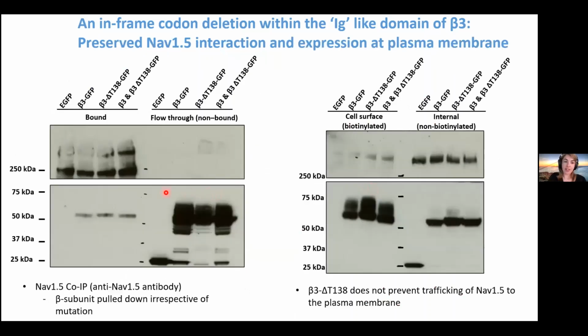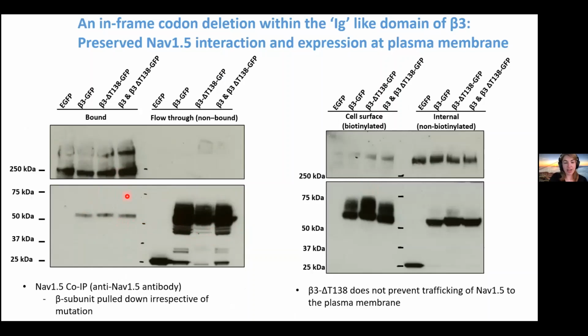So we just first of all double checked that each of these mutations was able to still interact with NaV1.5. So we did a pull down of NaV1.5 and then found that the full length wild type beta 3, the loss of the T138 and the co-mixture all came down largely to a similar extent, despite their differences in relative overexpression.